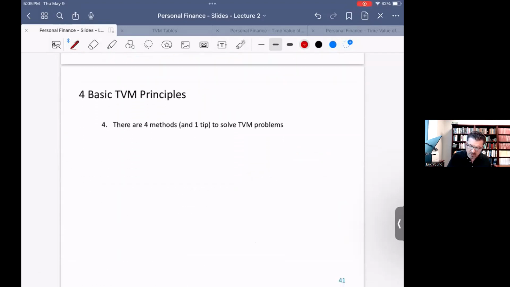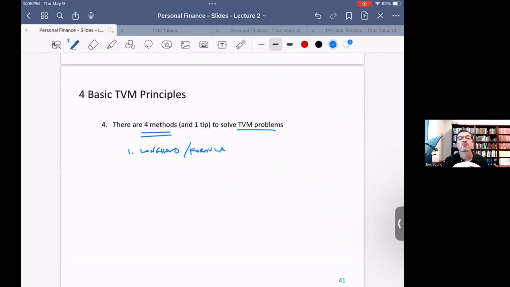The fourth principle of time value is that there are always going to be several methods to solve these problems. The first method is longhand. Basically, a formula.